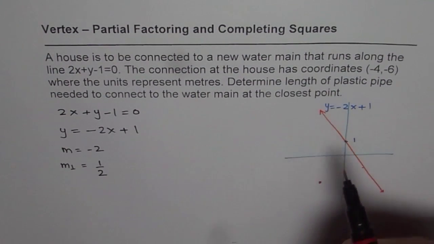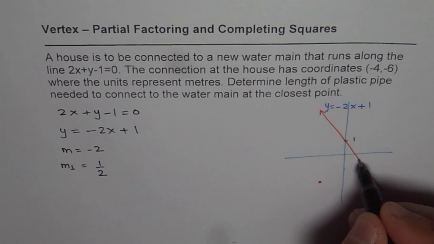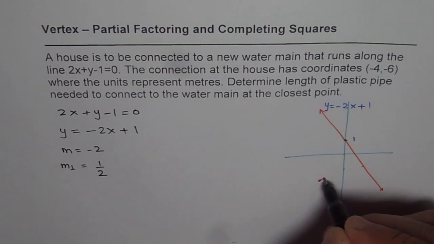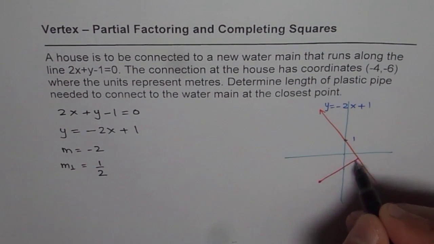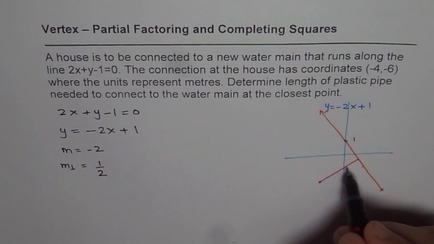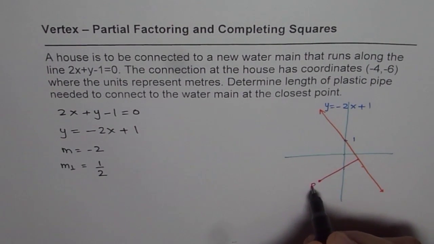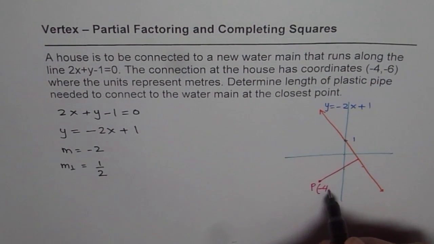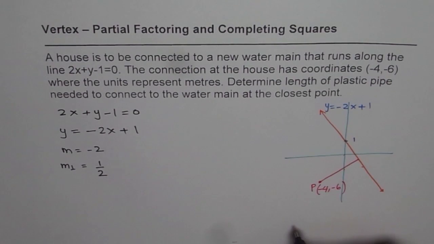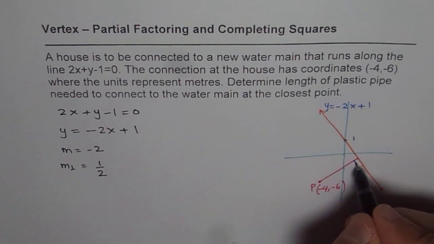Now the shortest distance will be the perpendicular from here to the line. Do you get the point? So if I draw a perpendicular, it will be kind of like this. So what we need to find is the equation of this perpendicular line from the given point P, which is minus 4, minus 6.